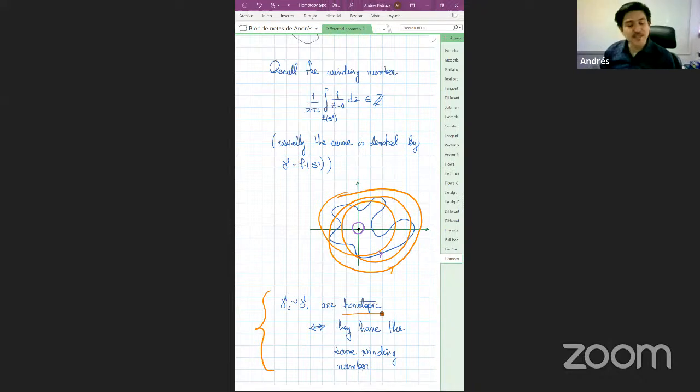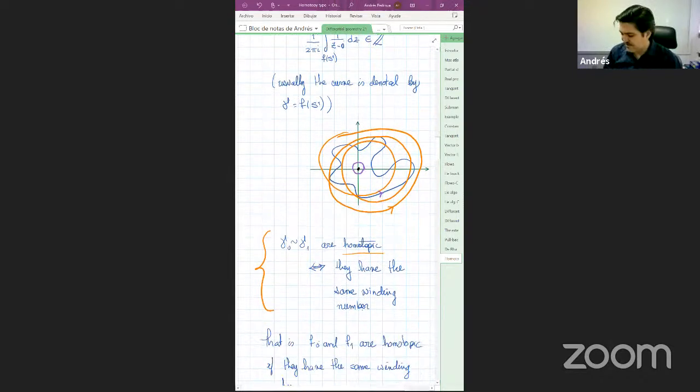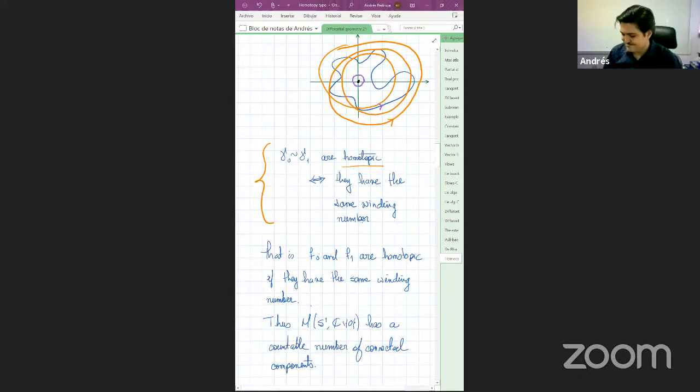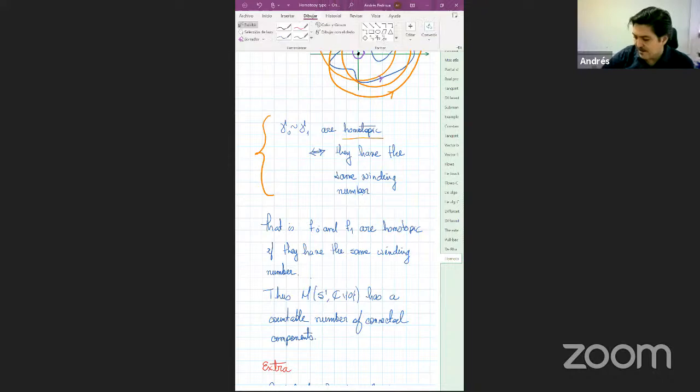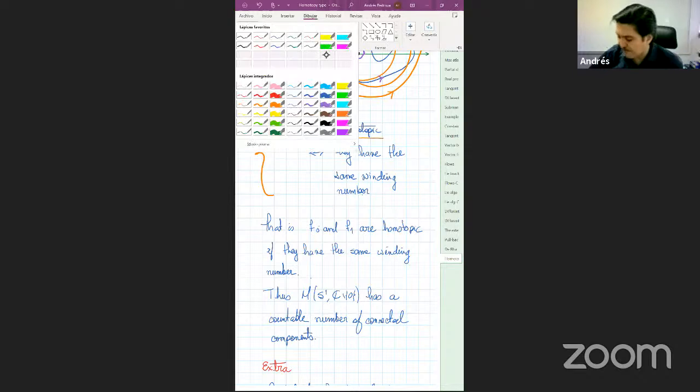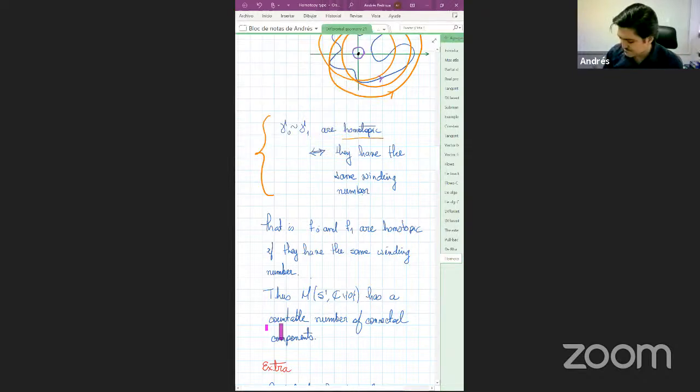Okay, so this result, this if and only if, answers our initial question: the number of connected components of the space of functions. Basically, we have a countable number of path connected components for this space.